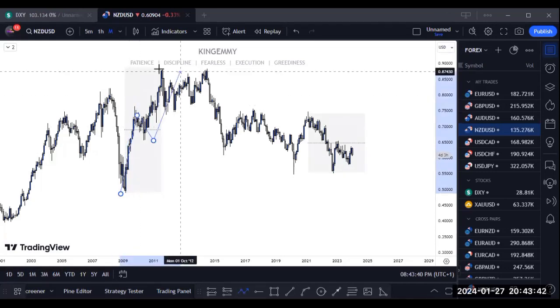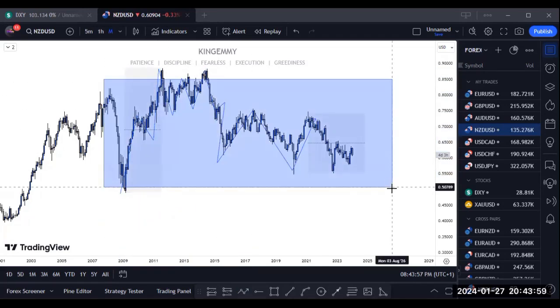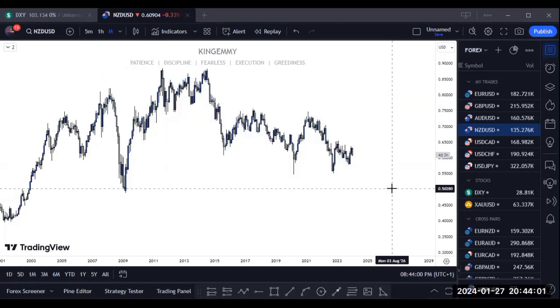So now the question is, how do we integrate this particular trading system to suit our own favor, right?